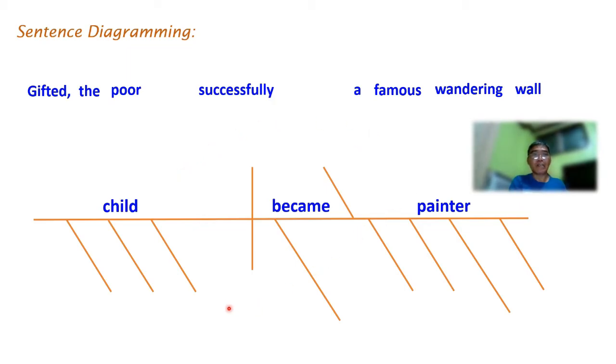Let us proceed with the following slanting lines. We have three slanting lines below the simple subject child, and these three slanting lines are for the modifiers of the simple subject child. These are gifted, the, and poor. So we have to put these modifiers on these three slanting lines.